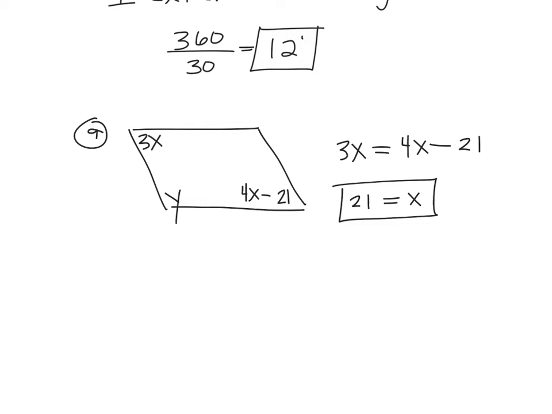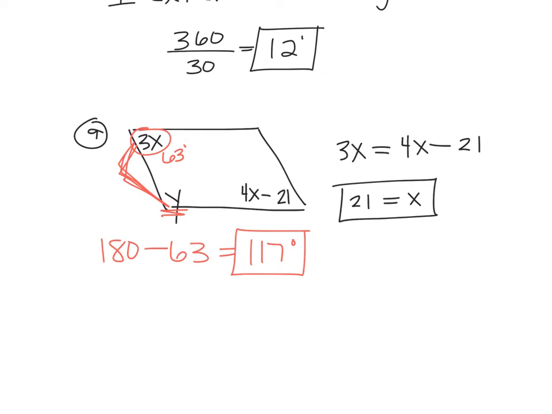So 3 times 21, you would get a 63 degree angle. Just keep in mind these two are supplementary. So you would do 180 minus 63 to get the other angle. This isn't the answer for y on that problem, but you get the idea of how they're supplementary at least. So that would be 117 degrees. And I just realized that was number 9 on the second assignment. Sorry, that was number 9 on 6-3.